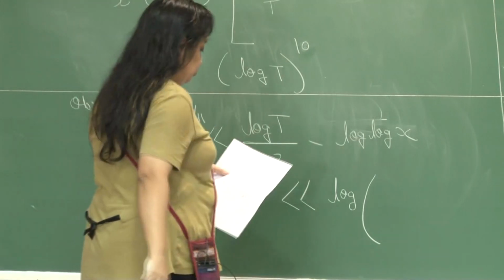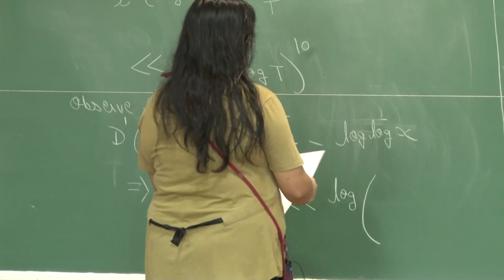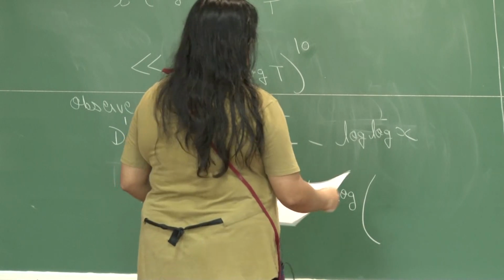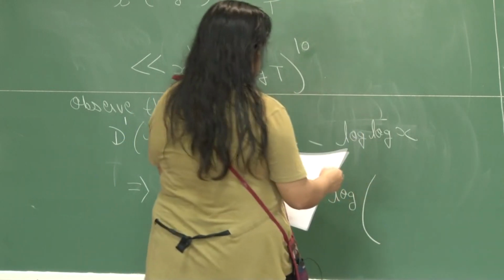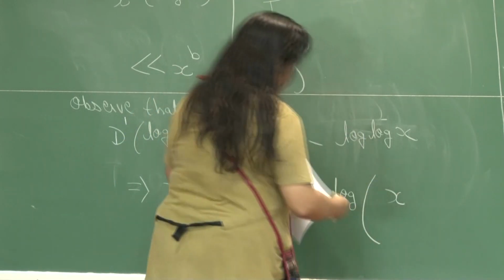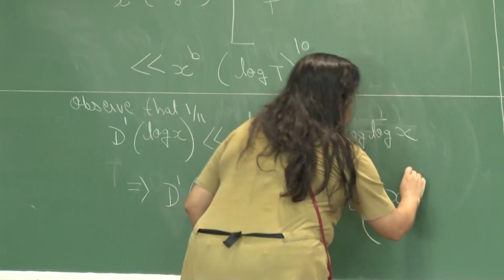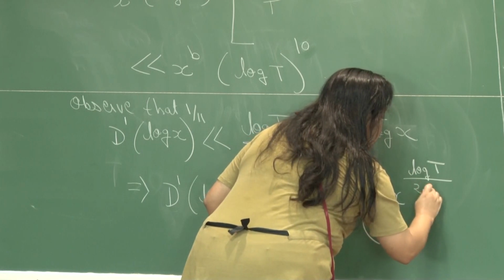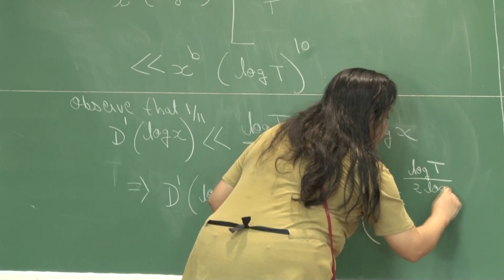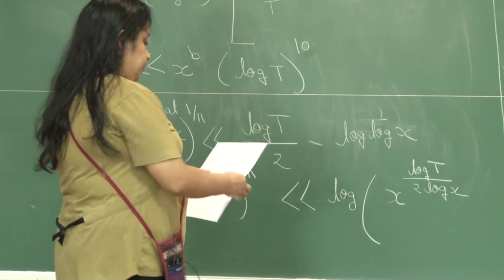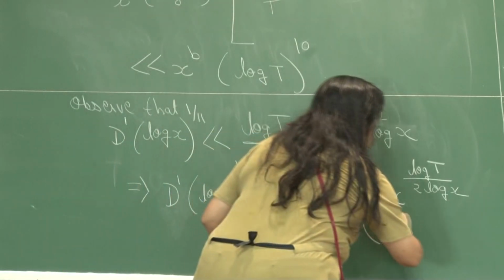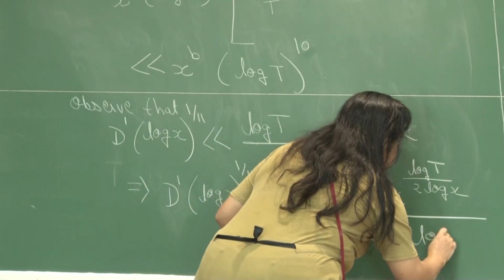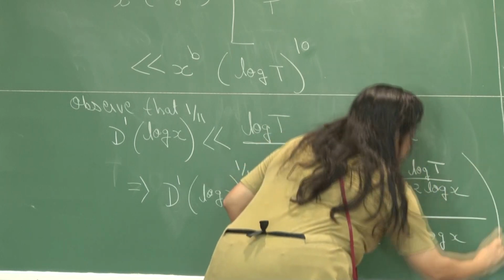Looking at how you've chosen t, what you will end up getting is that this is less than log of x raised to the log t over 2 log x, over log x.